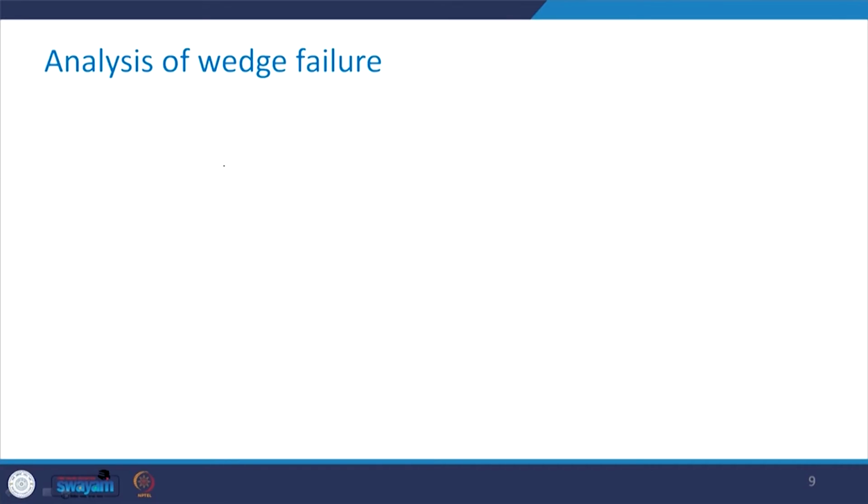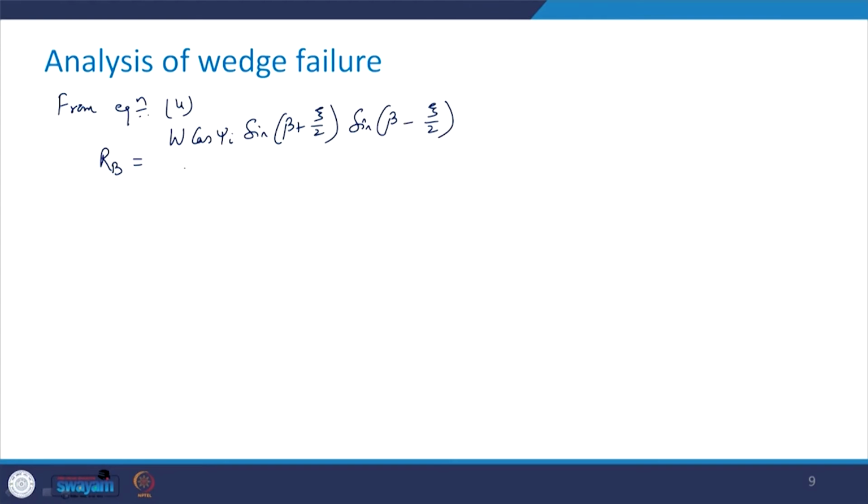So from our equation number 4, this RB is going to be W cos psi i sin of beta plus zeta upon 2 into sin of beta minus zeta upon 2 divided by sin zeta into sin of beta minus zeta upon 2, and this will get cancelled out.